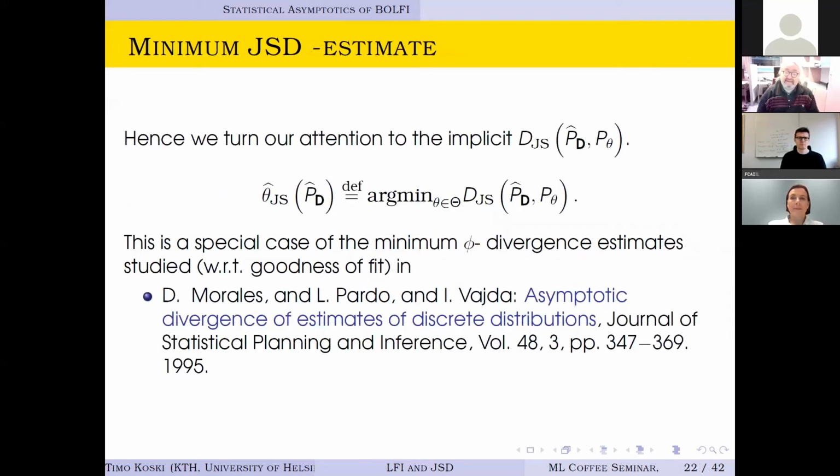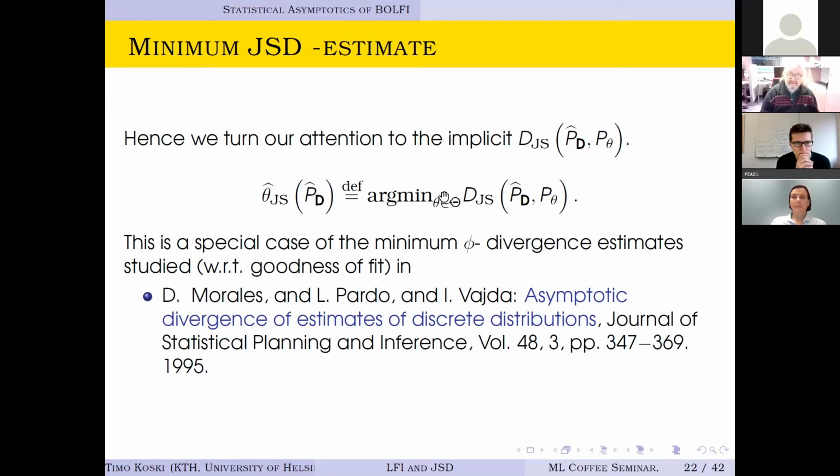So, mathematically speaking, we can turn our attention to minimizing this. This is what BOLFI actually does asymptotically, or it minimizes this kind of thing. Now this is implicit again. Of course, we don't have it. But in a mathematical sense, we are now dealing with actually minimizing it.